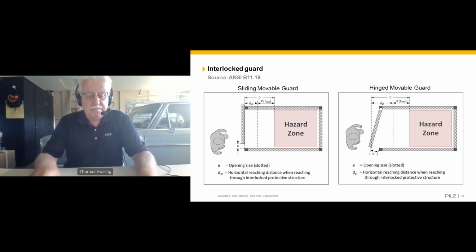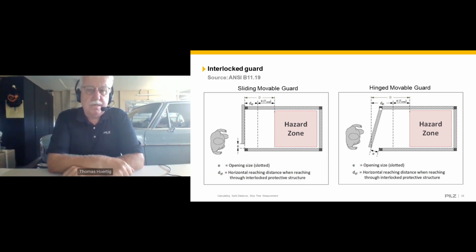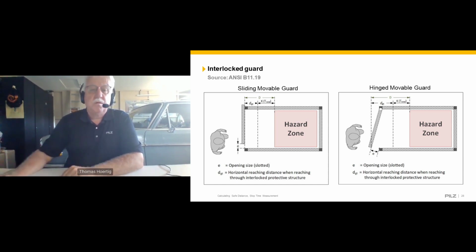On the left, we have an interlocked guard, a sliding movable guard, like a sliding door. So here you see the person, machine hazard, and here you see the distances that are derived from the time measurement. And here is that factor DGT on what body part might enter the hazard zone. And here you have that specific opening. So that is for sliding movable guards.